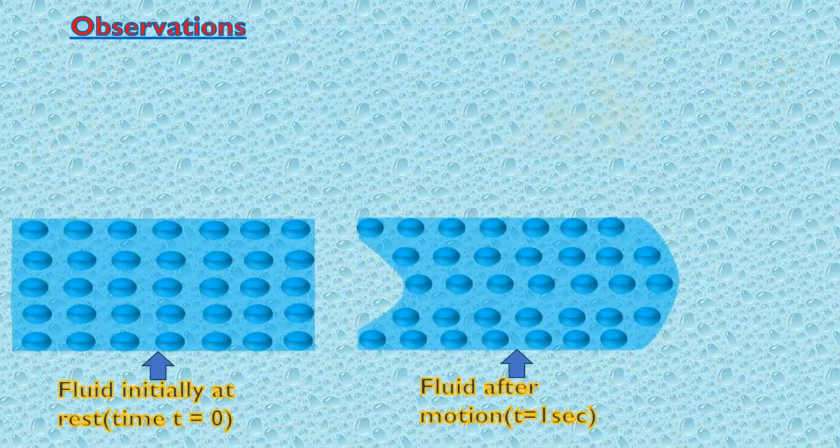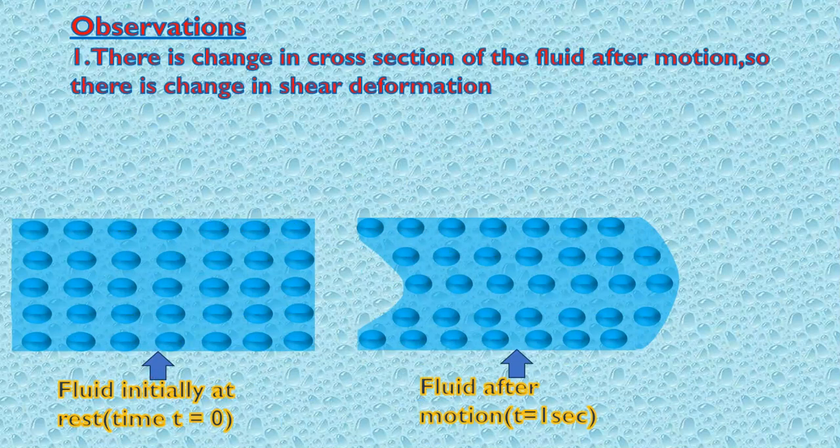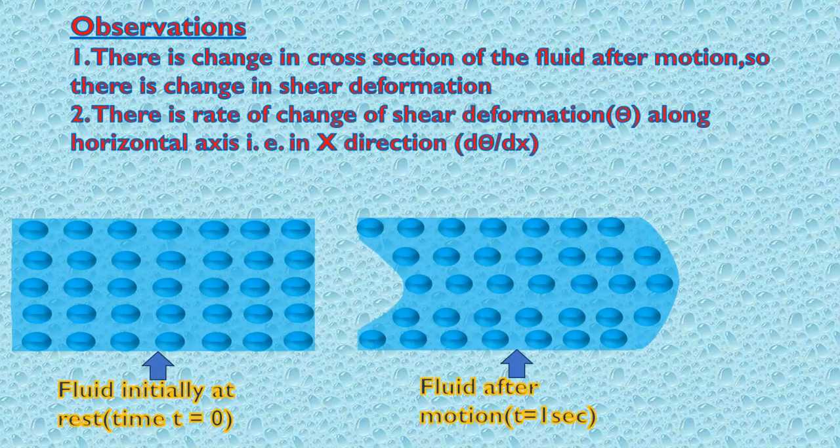Now what are the observations related to when it is initially at rest and when the fluid is after motion of 1 second? There is a change in cross section of the fluid after motion, so there is a change in shear deformation. There is a rate of change of shear deformation theta along the horizontal axis, that is in the x direction, d theta by dx. You can see in the figure, along the x direction there is a change in shear deformation.